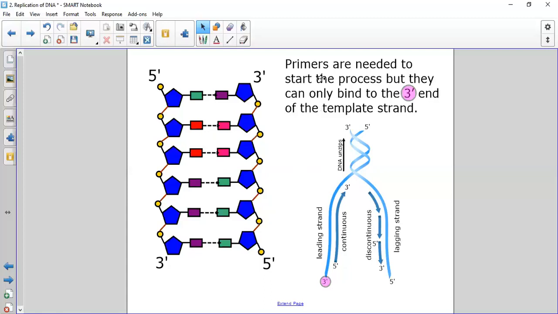Okay, so these primers are needed to start DNA replication, but they will only bind to the 3' end. 3' end, 3' end. Okay, so a primer is only going to want to bind here and then start DNA replication off in that direction.